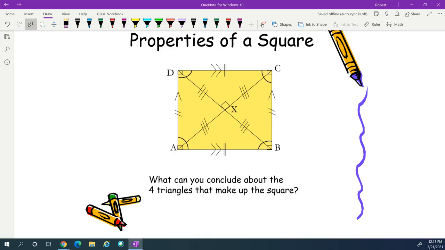So if we look at our 4 triangles that are formed here, now we have 4 congruent right isosceles triangles. So all 4 are congruent, all 4 are right isosceles. With one diagonal, we have a right isosceles. With both diagonals, we have 4 right isosceles.